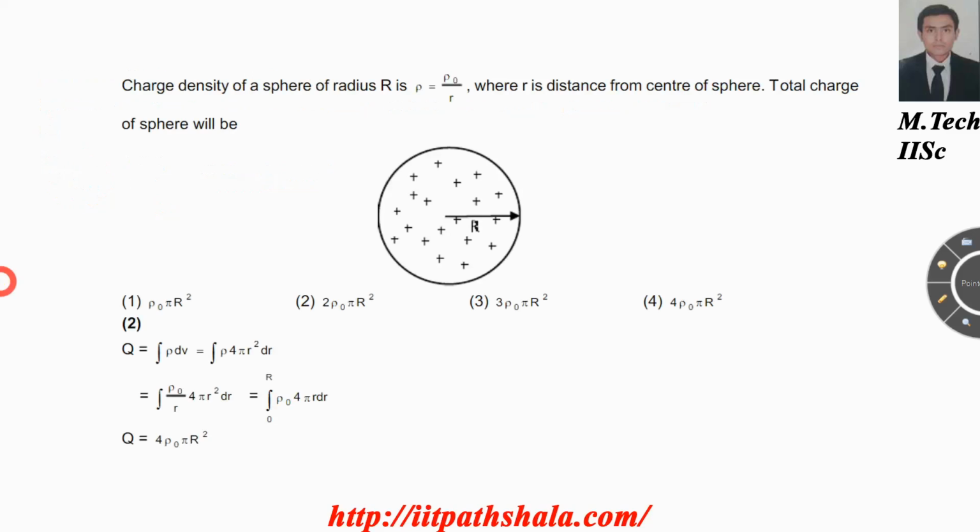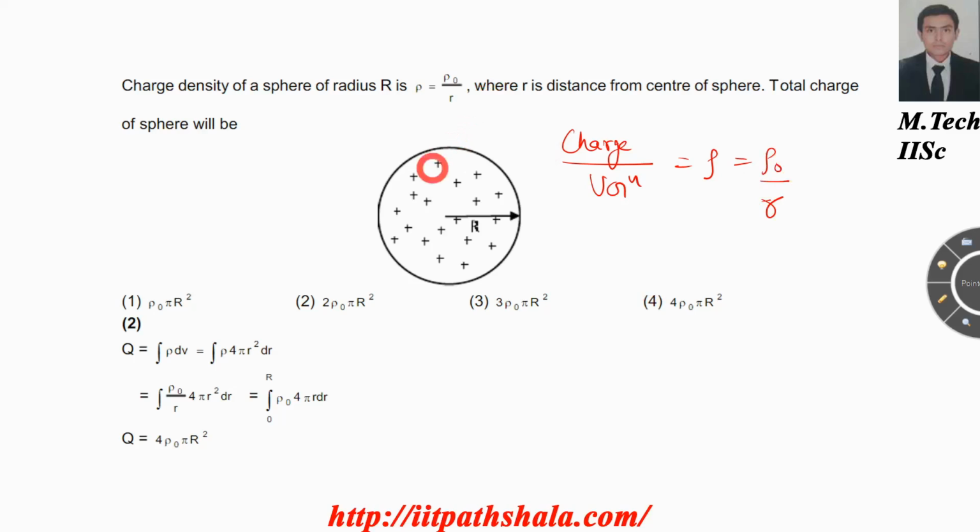Now let us look at the following question over here. Charge density of a sphere is given as follows, which means charge per unit volume, rho equal to rho naught by r.